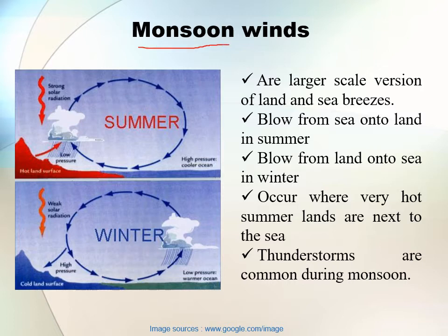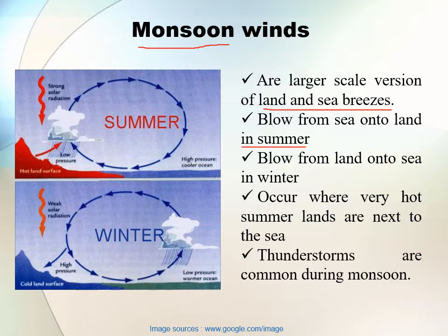Land and sea breezes are local, while monsoon winds are the larger scale version of them. In this type of circulation pattern, wind blows from sea onto the land in summer, and during winter the wind blows from land onto the sea.